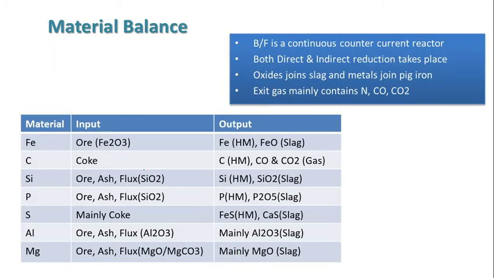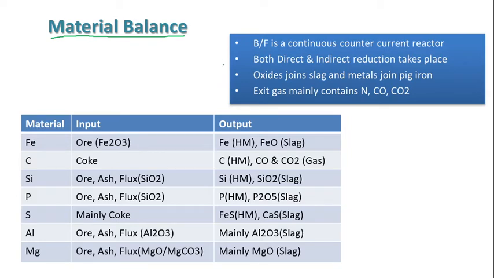And now we will discuss material balance. Material balance gives us an idea about the statistical analysis of material flow in and out of a blast furnace. As we know, a blast furnace is a huge counter current reactor, a continuous process of reduction and smelting, in which both direct and indirect reductions take place.